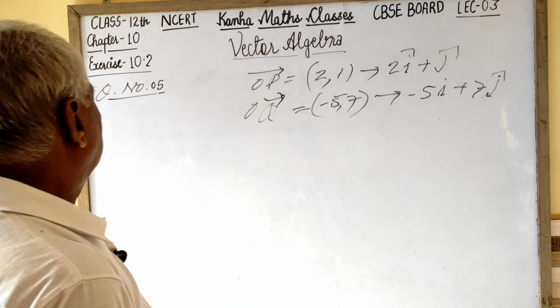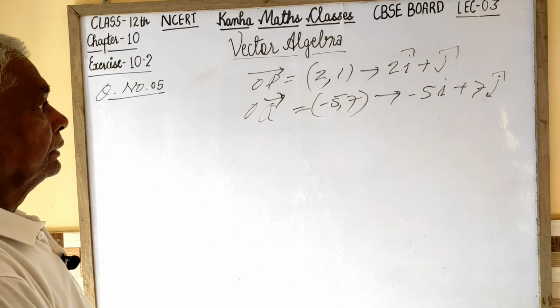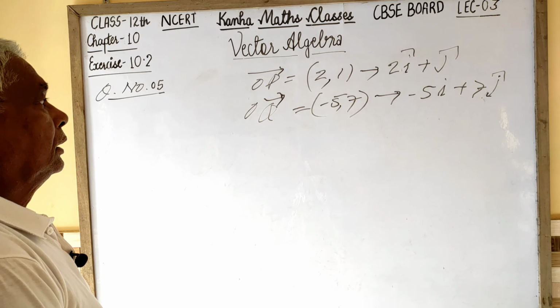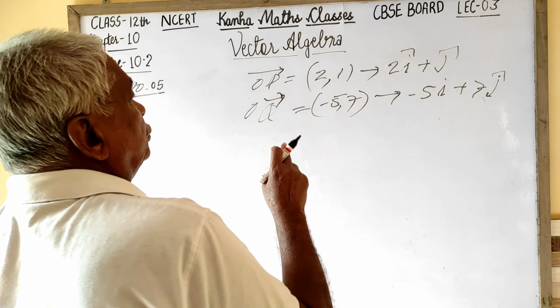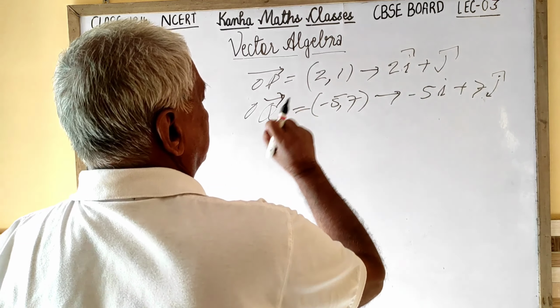Now we will start to solve question number 5, where two points are given: 2, 1 and minus 5, 7.